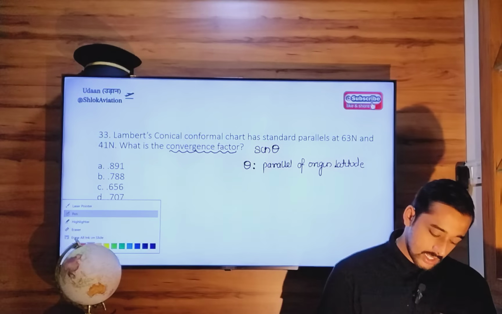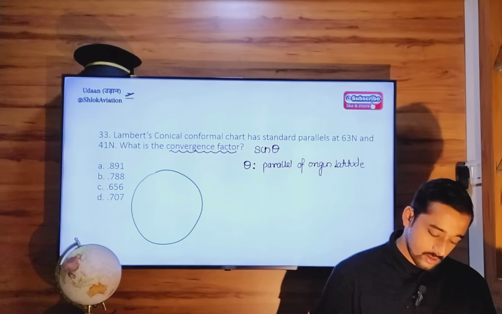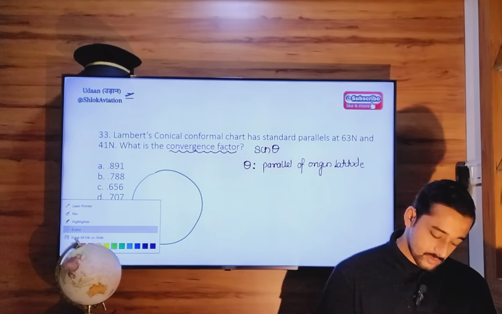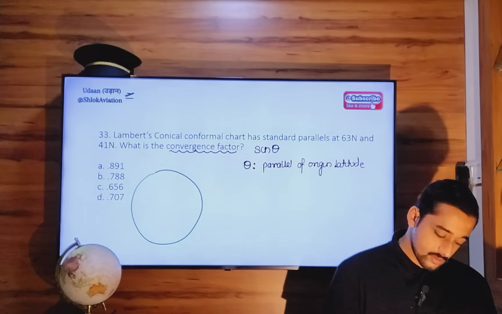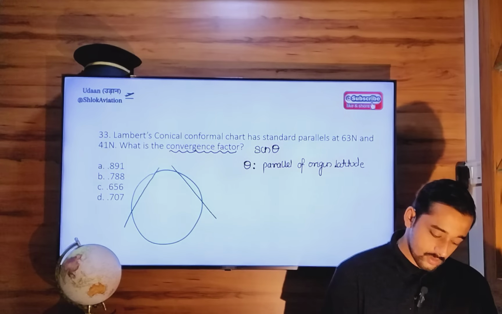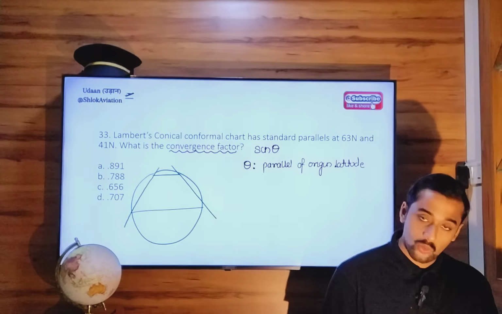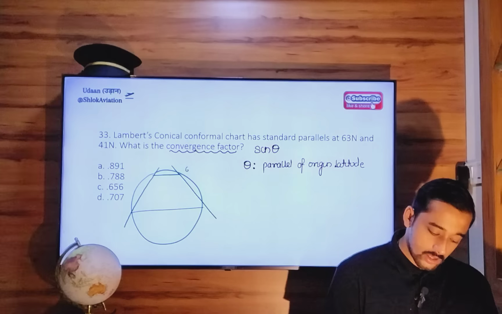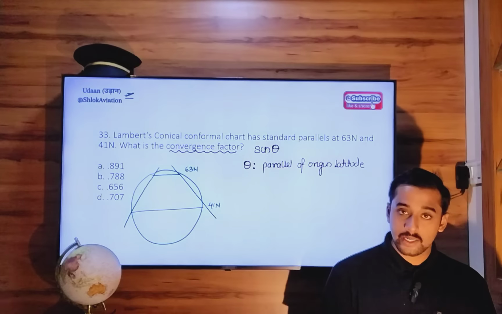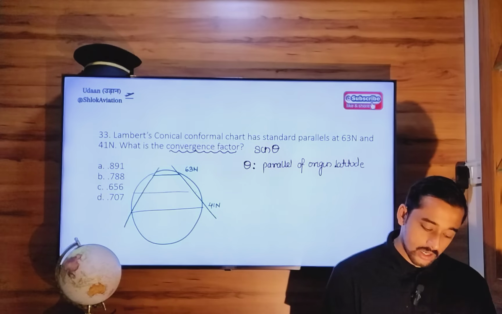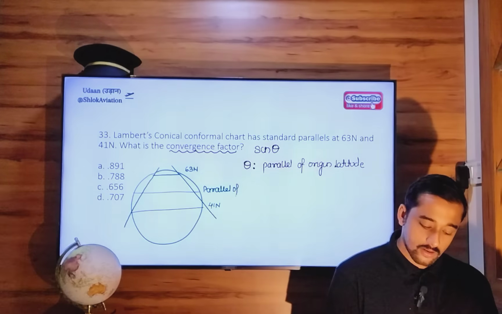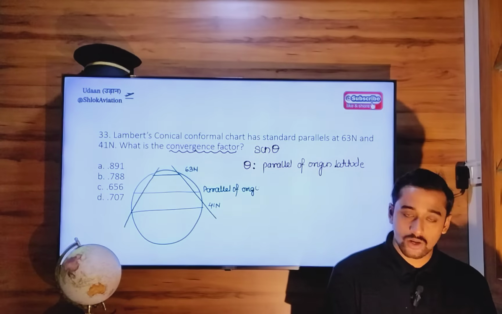This is your earth, let's say. This is the cone, one latitude is 63 north and the other is 41 north. Now the mean latitude, the latitude between them, is your parallel of origin, where the convergency is right.